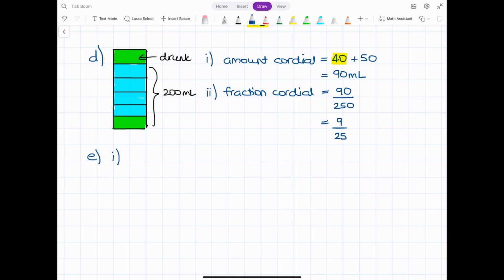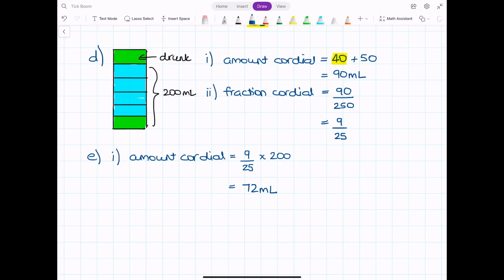The amount of cordial that would be in the glass after the 50 milliliters is drunk would be the fraction we just worked out, 9 over 25, multiplied by the 200 mils that is left. And if we put that in our calculator, 9 over 25 multiplied by 200, we get 72 mils is how much is in the glass.